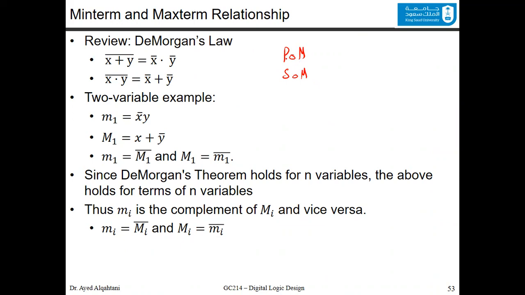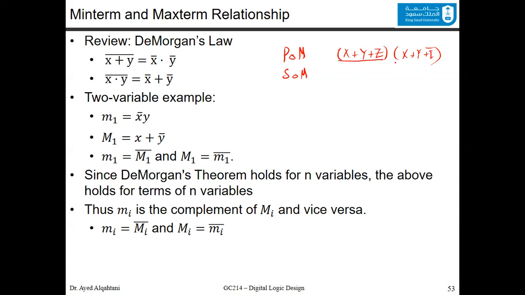The product of max terms means that you have a max term. For example, if you have 3 variables, X or Y or Z, and you have X or Y or Z bar, for example, you have a product between them. So this is a product of max terms.